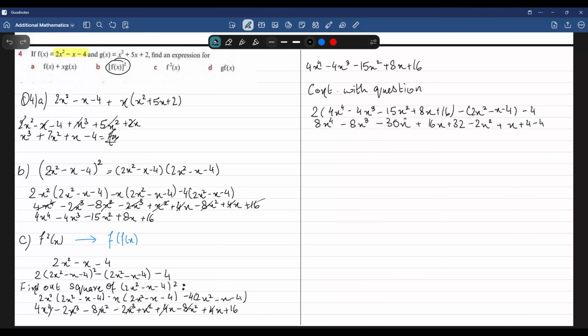For this one, first let's just square this up. So this is 15 multiplied by 2. This is 30x squared. Just check if everything else is fine. 8x raised to power 4 as it is. Negative 8x cubed is going to be copied down as it is.